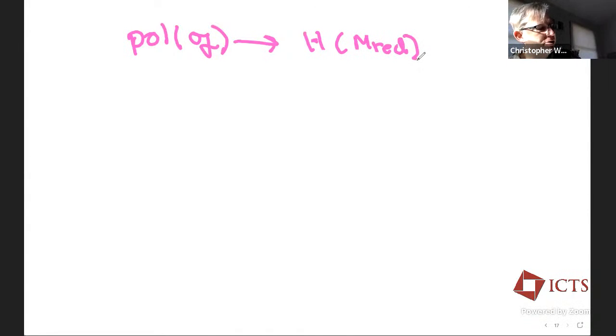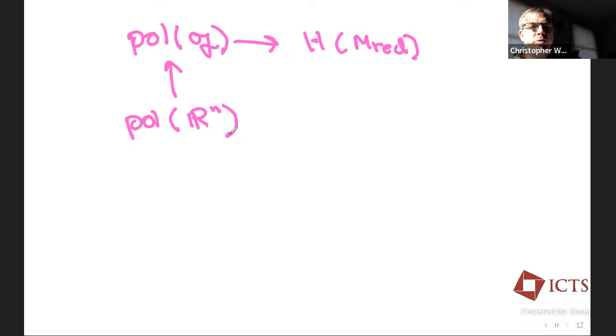But remember, G is the group that you're modding out by, right? So the space of polynomials on R^n is much bigger. So there are two kinds of relations. There's a kernel when you go from polynomials on R^n to polynomials on G, and then there's a kernel when you go from polynomials on G to M red.